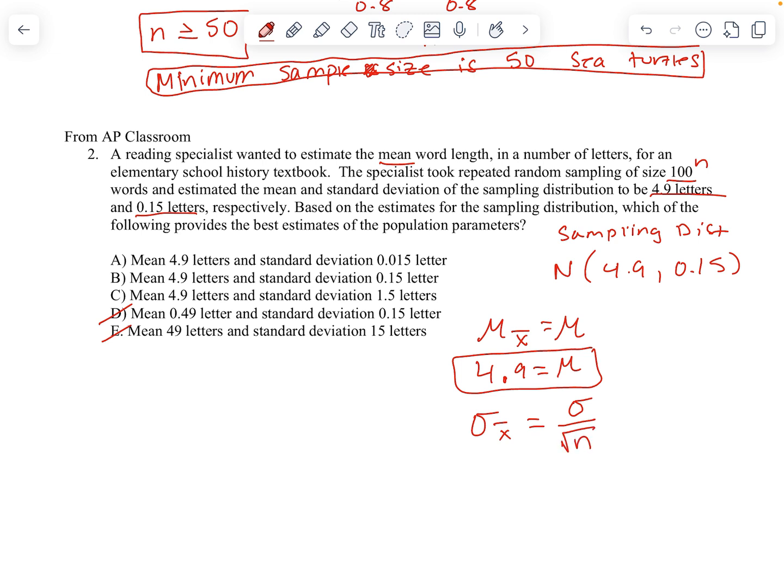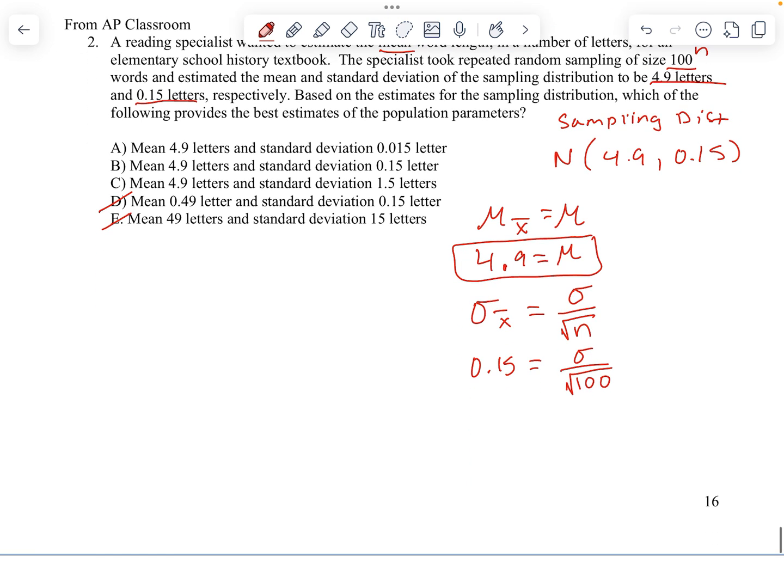So in this case, the standard deviation of all the sample means is 0.15. We don't know the population standard deviation, but we do know that the sample size is 100. And so that gives us 10 times 0.15. So that gives us 1.5 as our population standard deviation. So that makes our answer C.